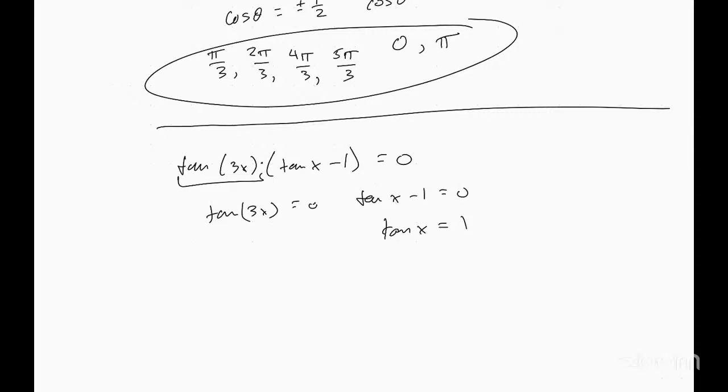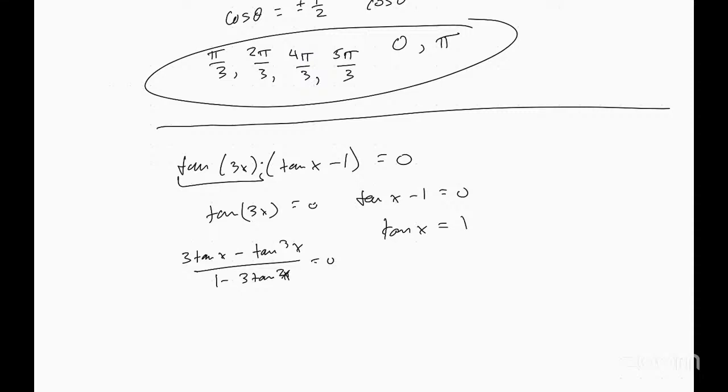I've got another formula in here, so let's try this: 3 tan x minus tan cubed of x all over 1 minus 3 tan squared of x equals 0. You don't really have to worry about the denominator. You just have to worry about the numerator when you're setting them equal to 0, because that's how you're going to get your zeros.